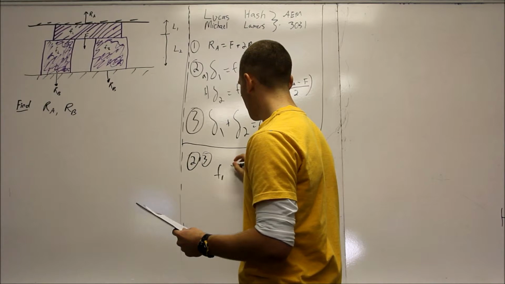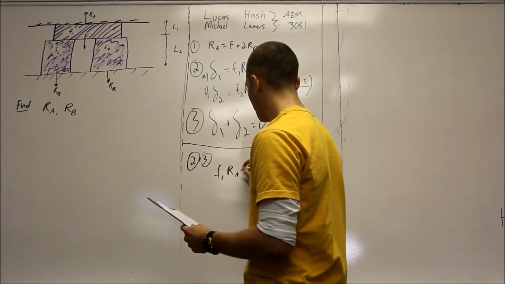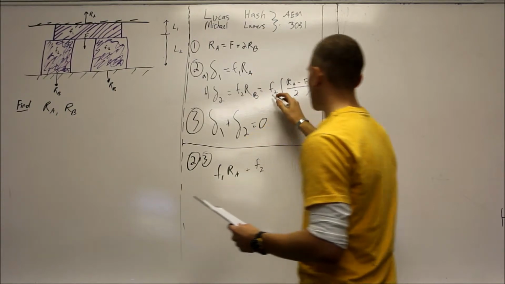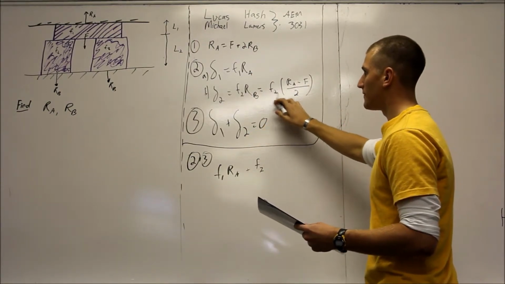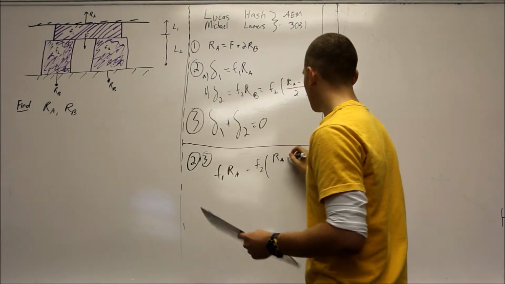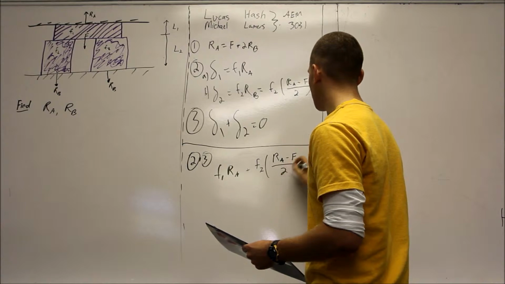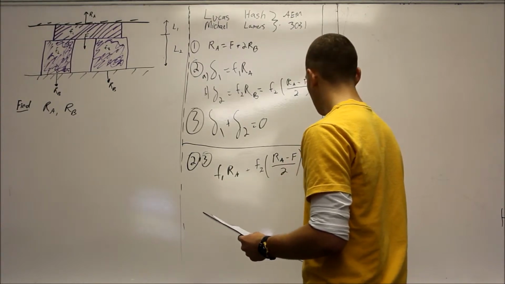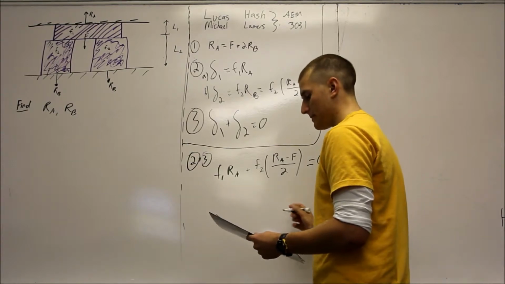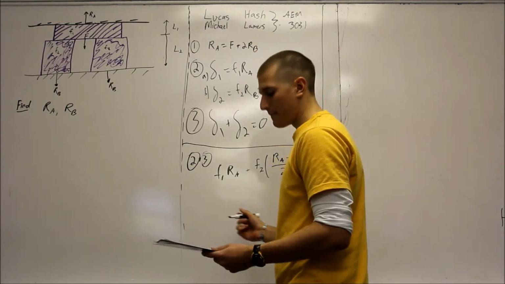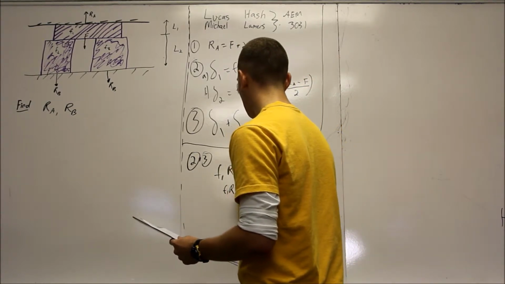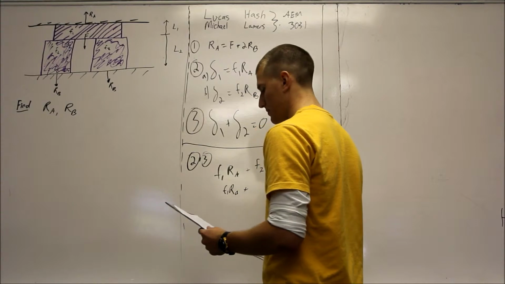F1 times RA plus F2 times, I'll use the substituted equation part of 2B, (RA minus F) over 2. And this is going to equal 0. If we start doing the algebra, the point of this is to solve for RA. So if we work this down, 1 RA plus, we'll just distribute F2.